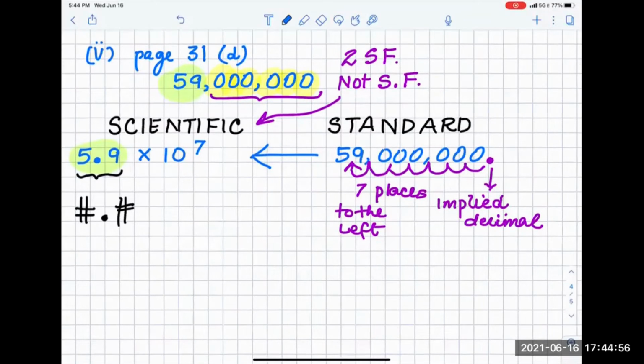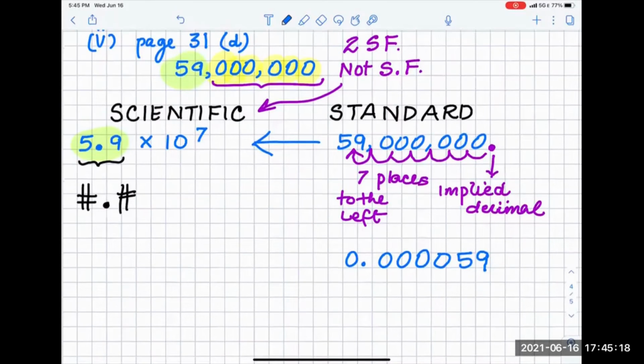Okay, now look at this number. Let us say you have another number, which is 0.0000059.